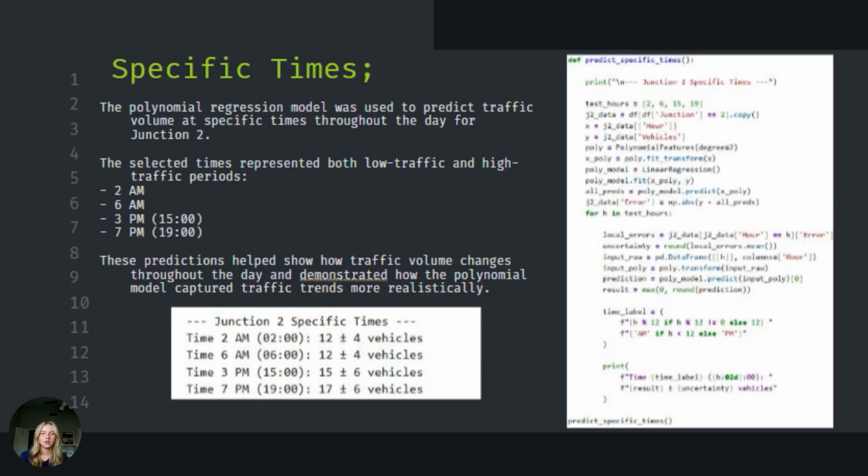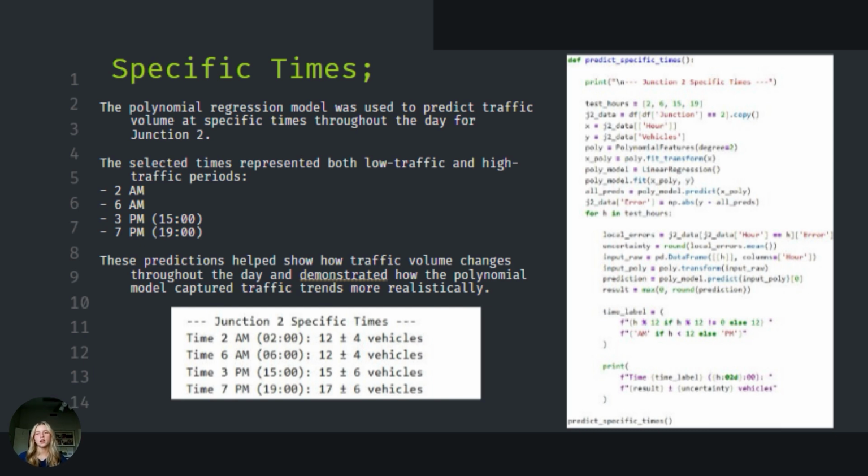And then for the specific times, for the final part of this project, the polynomial regression model was used to analyze the traffic volume at very specific times throughout the day. The selected times included 2 a.m., 6 a.m., 3 p.m., and 7 p.m. in order to compare both low and very high traffic periods.